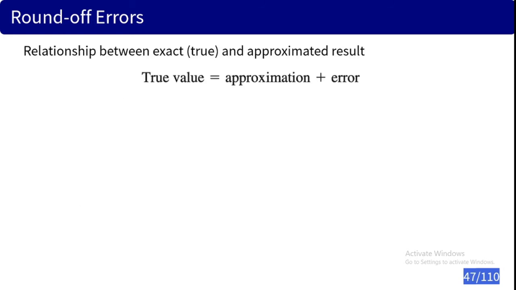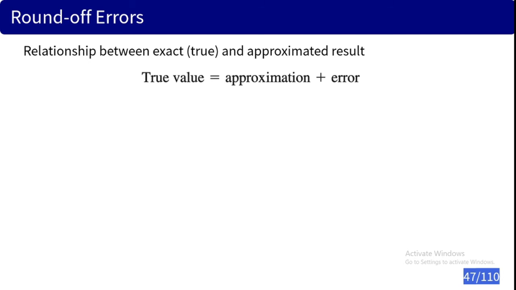So unsa man ang relationship between the exact or true values and the approximate results. Okay. So kaning exact or true values is mo ni siya ang katong values na to using the analytical methods, then approximated results or approximations is mo tong numerical.